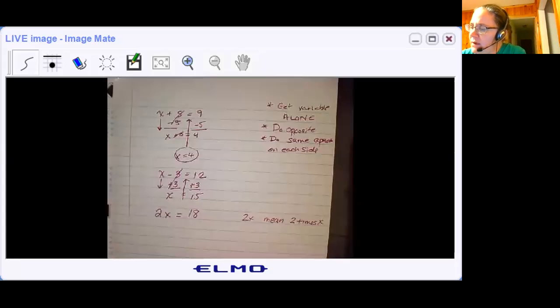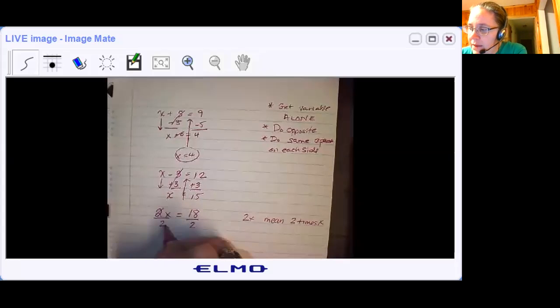So if this is a multiplication problem, what's the opposite of multiplying? Well, the opposite of multiplying is dividing. So I'm going to divide both sides by 2. That goes away and leaves the x behind, because 2 divided by 2 is 1. And we think back to our math process. Do we write 1x or do we just write it as x? We just write it as x.